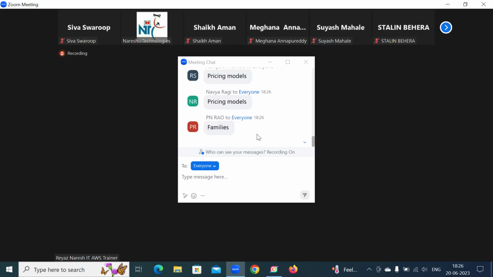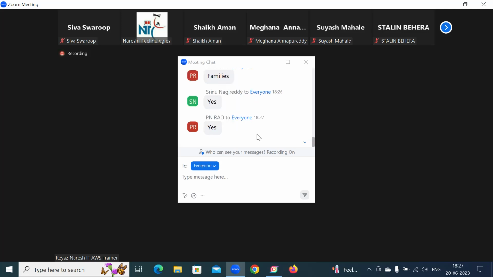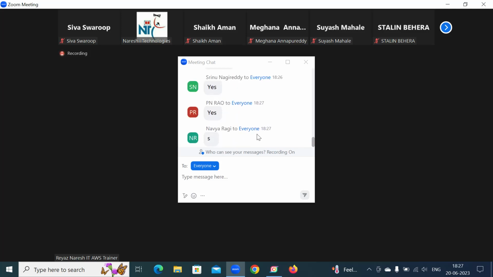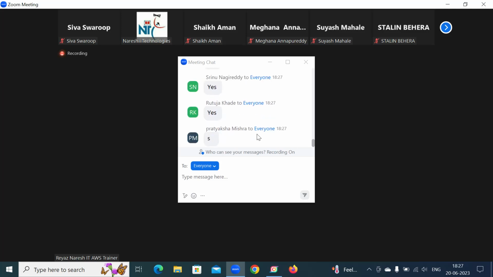So do we say that EC2 is a web service from AWS that provides resizable compute services in the cloud? Okay. And EC2 is regional or global? Regional. Okay. And how many hours are free per month?